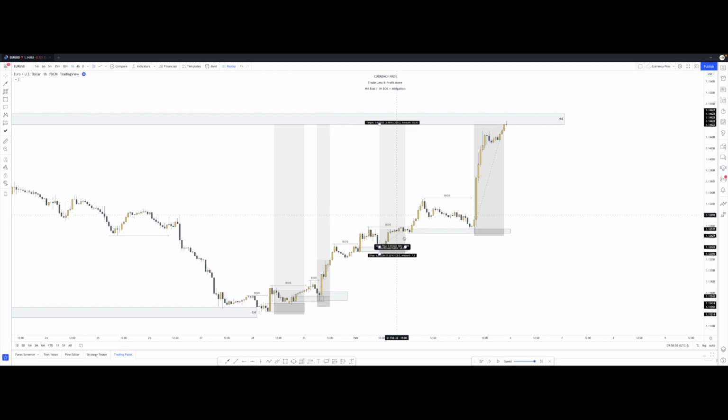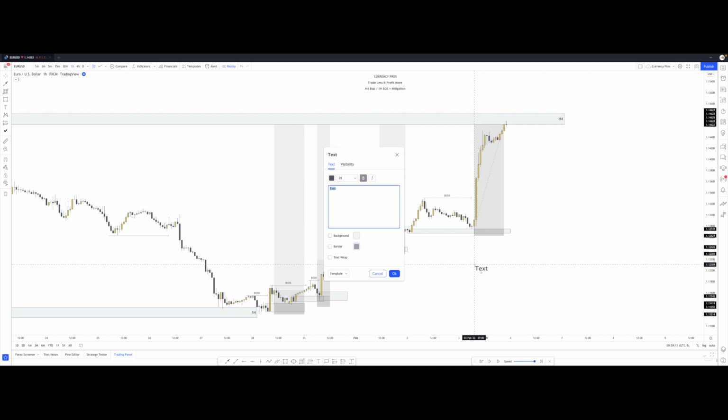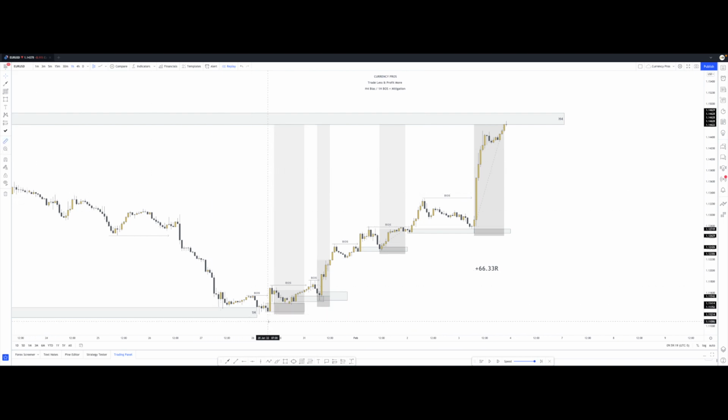We have 18.35. And we have 15.66. So that represents a mind-blowing 63.33R.